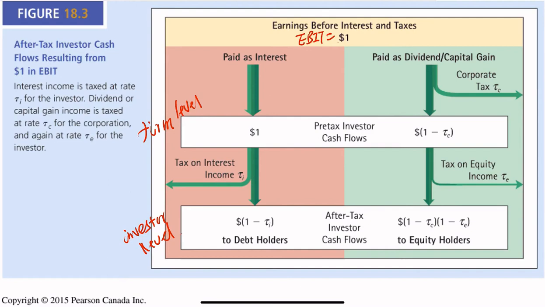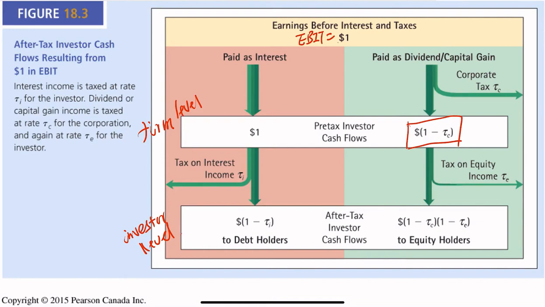And then a second way to pay out this $1 EBIT is to use dividends or capital gains. Anyway, equity income, right? In this case, the firm has to pay the corporate tax of TC. So at the firm level, the after-tax cash flow is 1 minus TC.